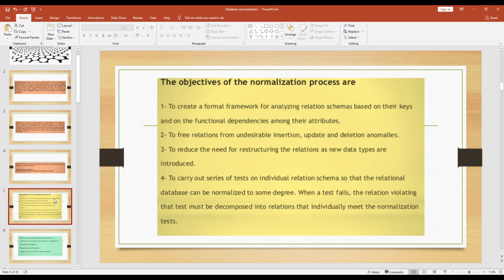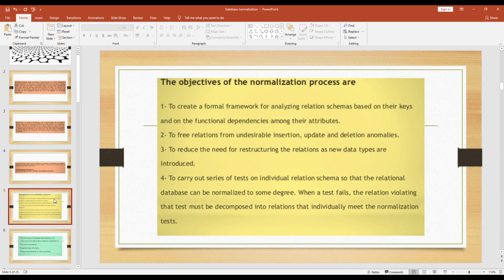The objectives of normalization process are: 1. To create a formal framework for analyzing relation schemas based on their keys and on the functional dependencies among their attributes. 2. To free relations from undesirable insertion, update, and deletion anomalies. 3.